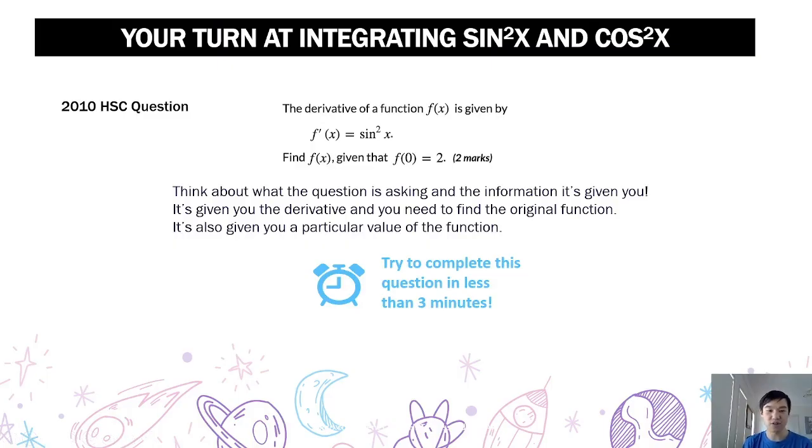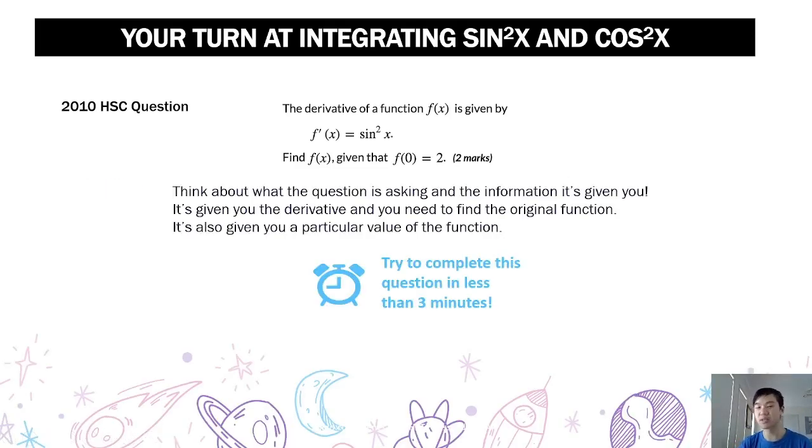So here's another question, from the 2010 HSC paper. We're told that the derivative of a function f of x is given by f dash of x equals sine squared x, and we need to find f of x given that f of 0 is equal to 2. We're told the derivative, but we're asked to find the original function.